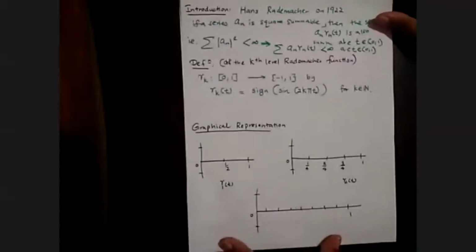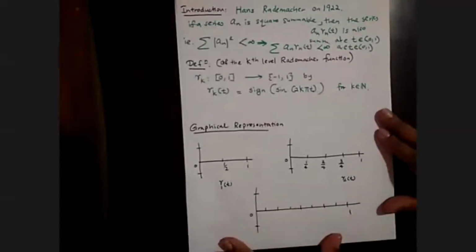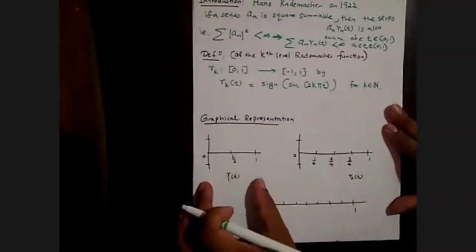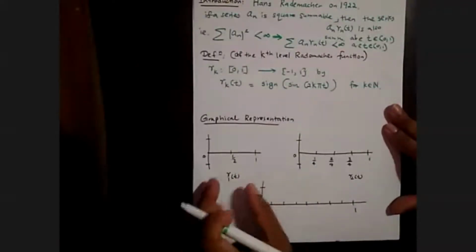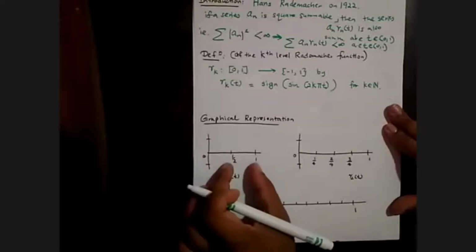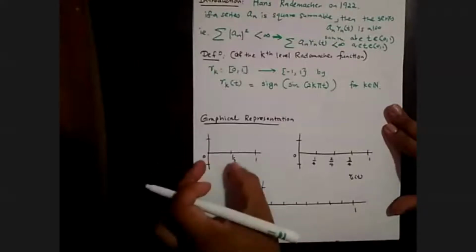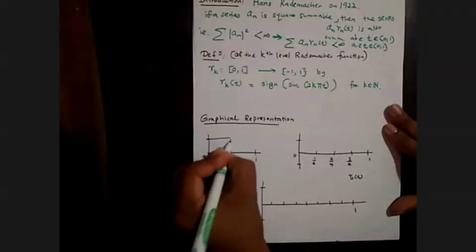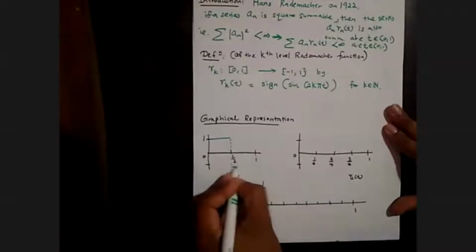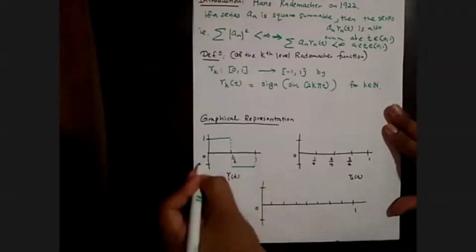For example, if we graphically represent the first few Rademacher functions, you will see that in the first Rademacher function, the unit interval is divided into two sub-intervals, from 0 to 1/2 and 1/2 to 1. In 0 to 1/2, the function value will be +1, and from 1/2 to 1, the function value will be -1.